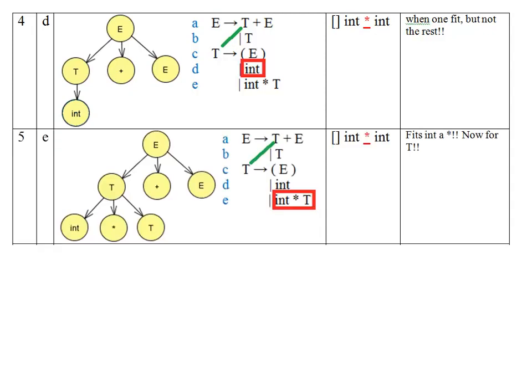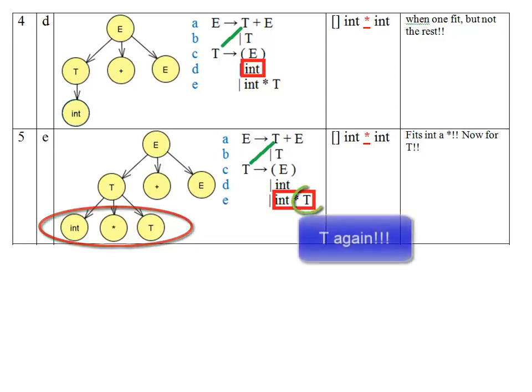Here in step number 5, it has int star T. Well, that actually fits 2 out of 3, and notice the parse tree is again updated with that new production. So now we're going to go back into T because of that second int star T, and we have to do T all over again and try all the different productions again, which you'll see in the next few steps.